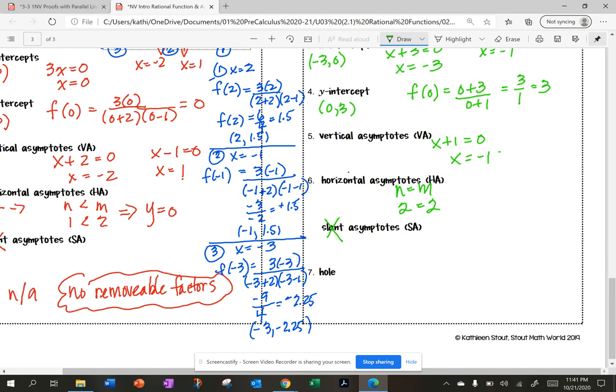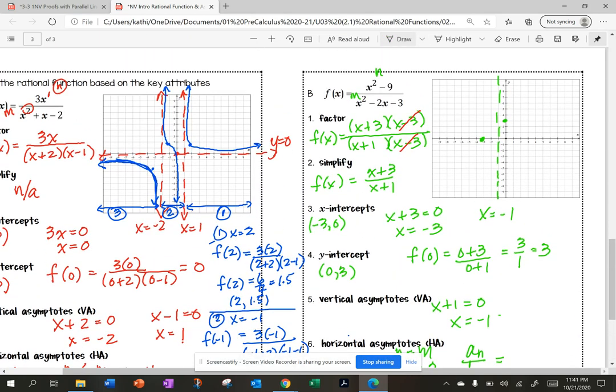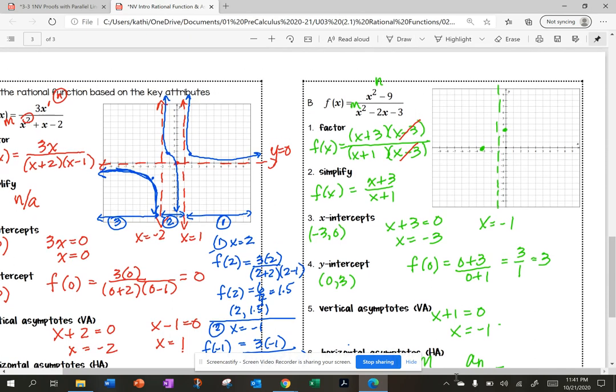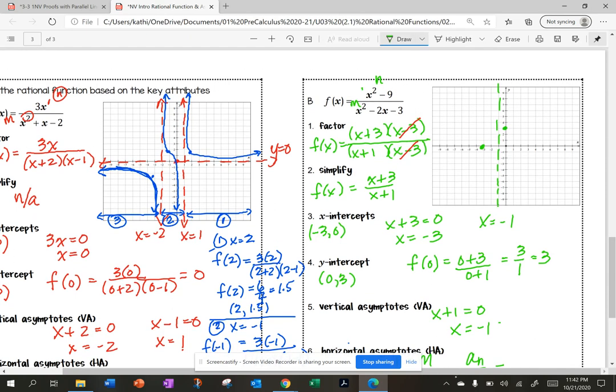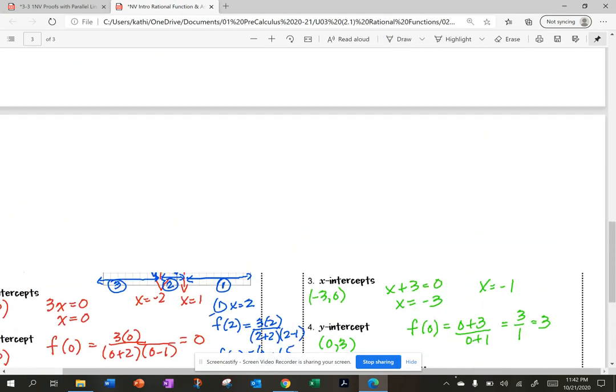So this is where I'm using the coefficients. I'm going to take the coefficient a sub n over b sub m. The coefficients in here both happen to be 1. So it's going to be 1 divided by 1.